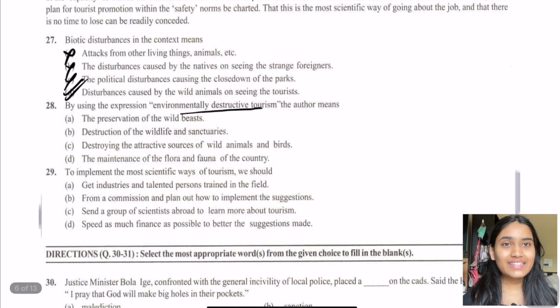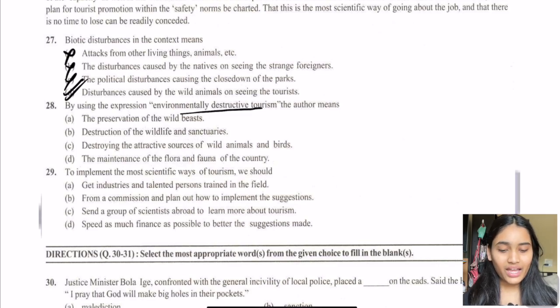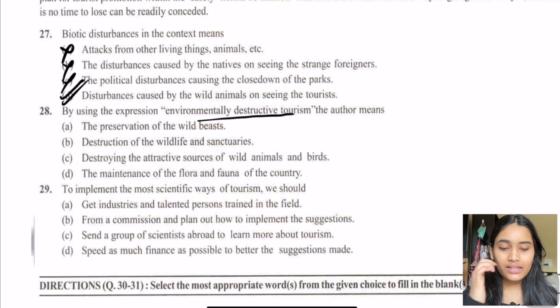It basically says that the flora and fauna of our country is very rich. That basically means that tourists or tourism will be very much attracted to come and visit our country to look at our flora and fauna, and that is something that will hurt our environment and hurt our flora and fauna.